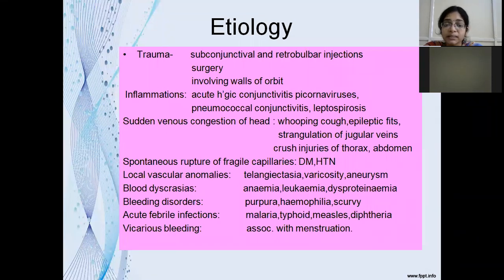Or sometimes the patient may have fragile capillaries like in diabetics and hypertensives, or there could be anemias, leukemias, purpura, hemophilia, or malaria, typhoid, and very rarely there is vicarious bleeding which is associated with menstruation. So all these form the etiologies of subconjunctival hemorrhage.